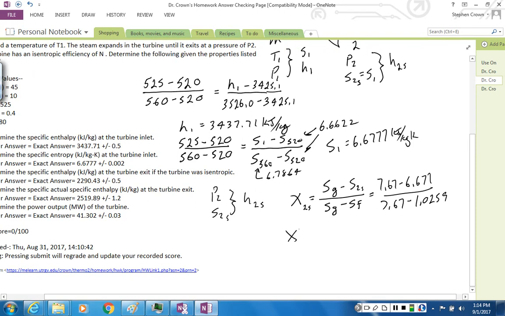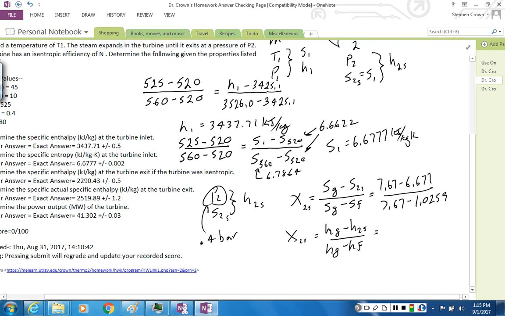Be the same quality, which would be Hg minus H2s over Hg minus Hf. And again, those are all at the pressure of P2, which happens to be at 0.4 bar.